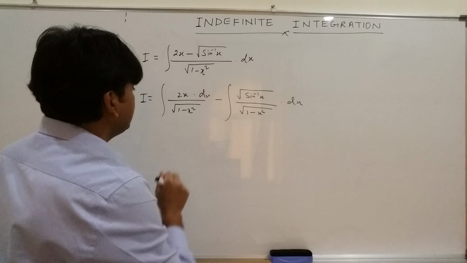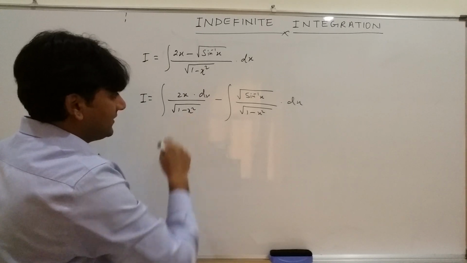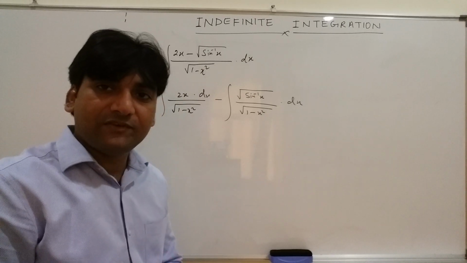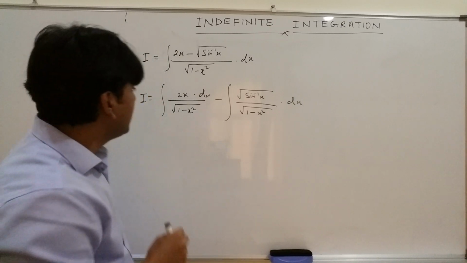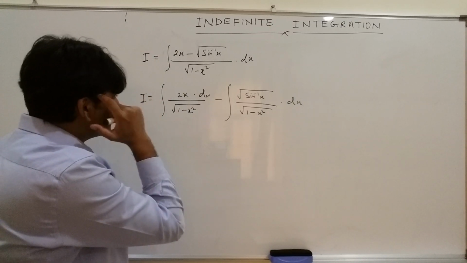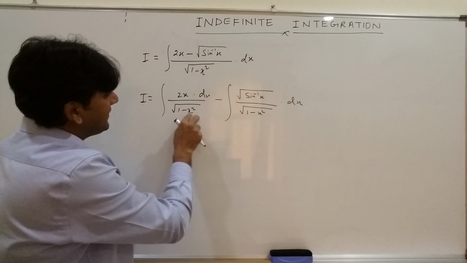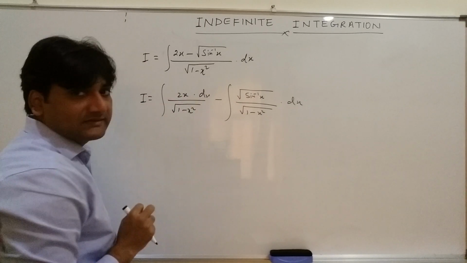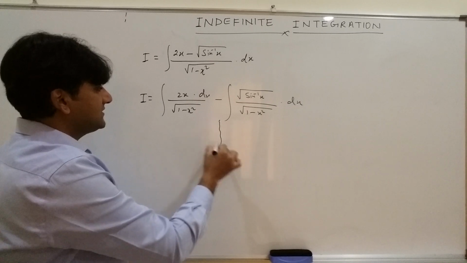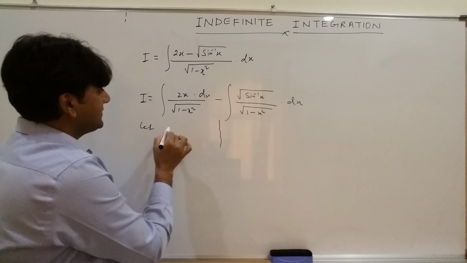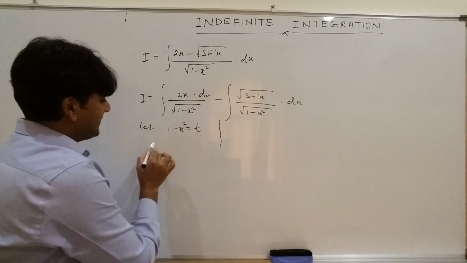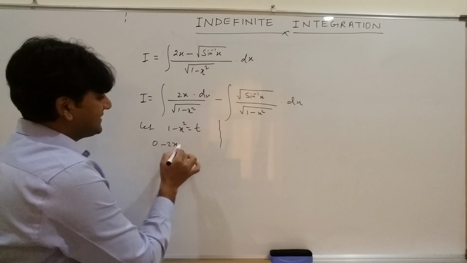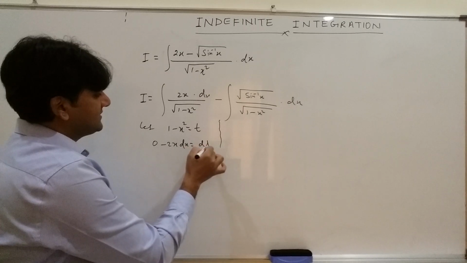Now, if you observe 1 minus x square, how will you think whether you have to use substitution method or something else, or it is a direct formula? Now, if I observe, I am finding x square derivative somewhere, it is coming 2x. So here in this question, let 1 minus x square as t. So I will differentiate, this is 0, this is minus 2x, x derivative dx, t is dt.